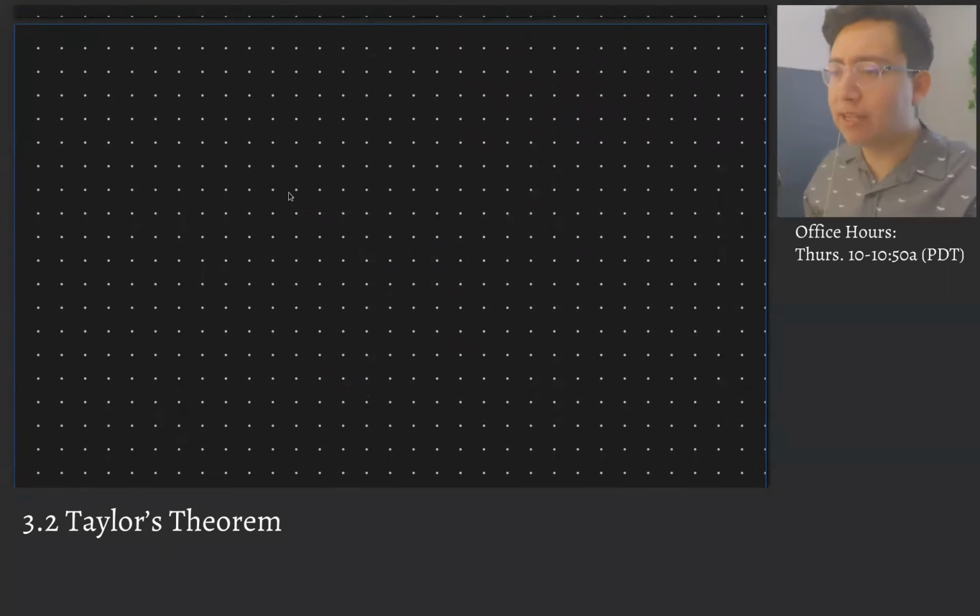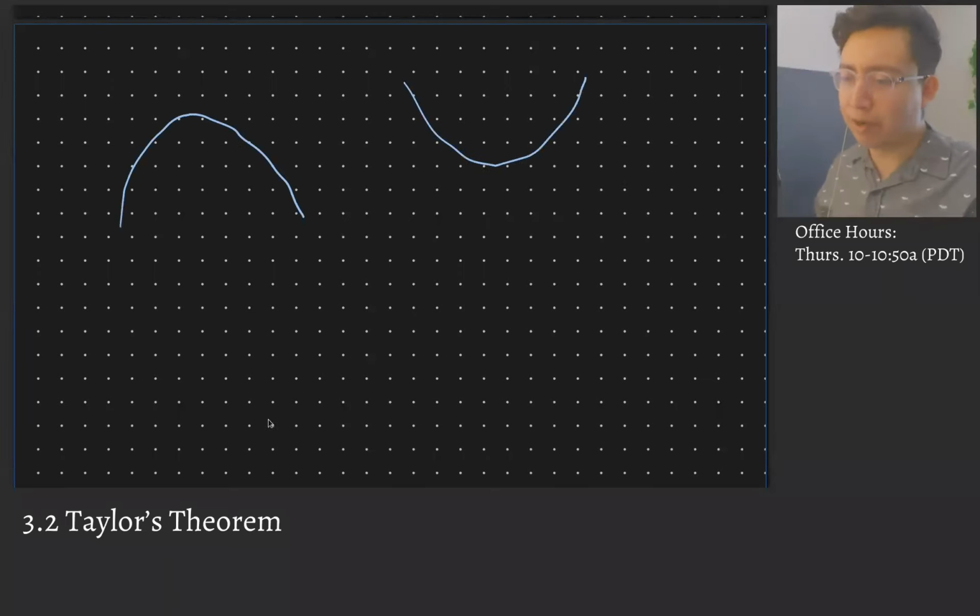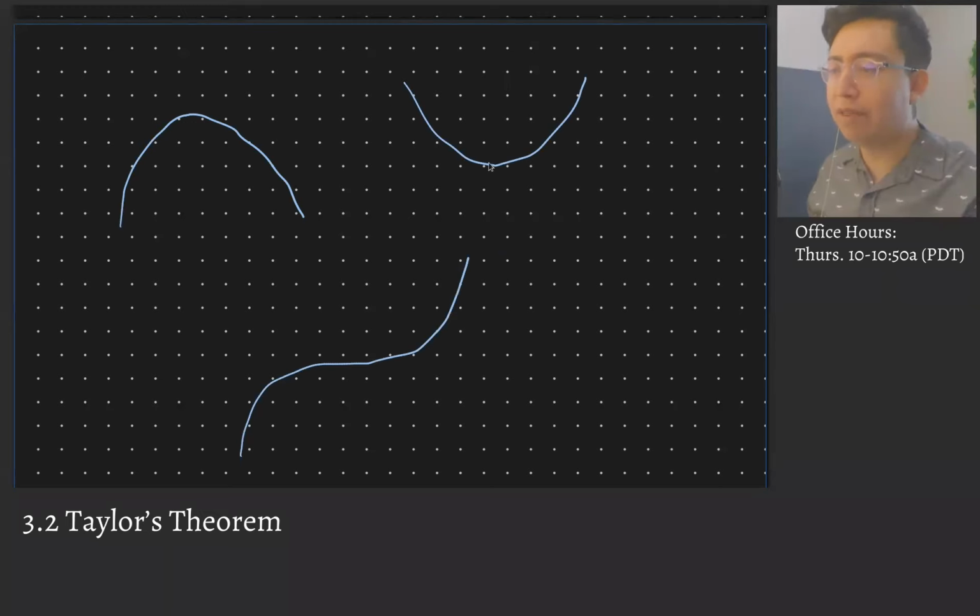Just as a reminder, in single variable calculus, we learned how to find critical points. We have something like this, and critical points are just wherever the derivative is 0.